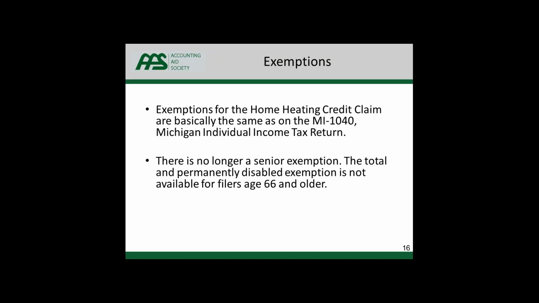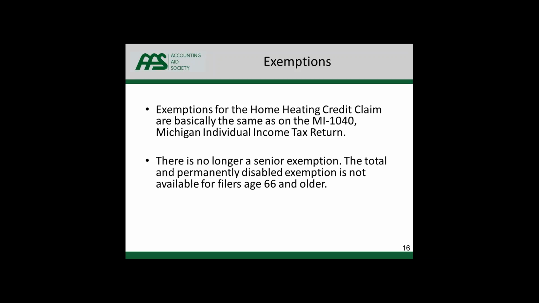And an important point that is sometimes missed, even though someone is considered disabled, unable to work, once they hit age 66 in that year, then they're no longer going to get an extra exemption for being disabled. That does not apply to being deaf or blind, but for disability, you must be under age 66.